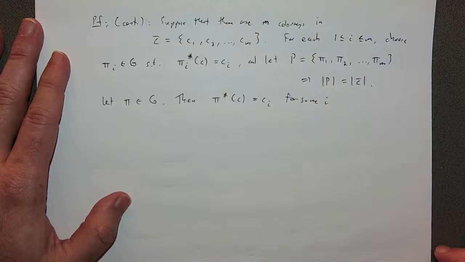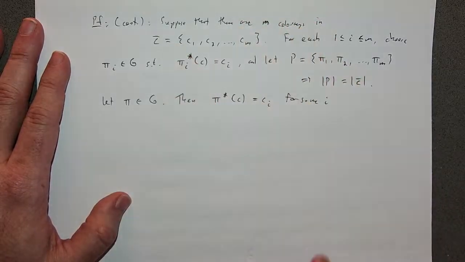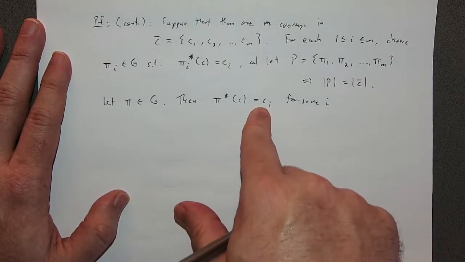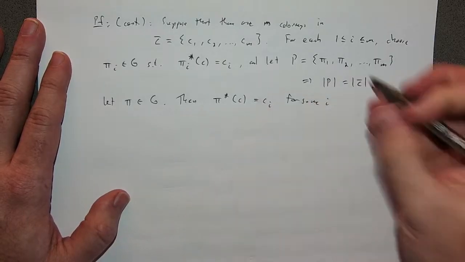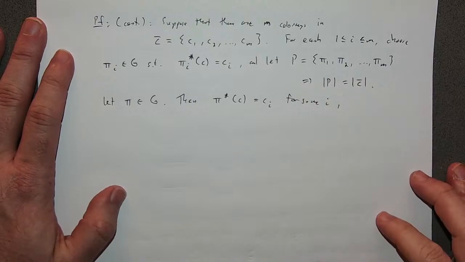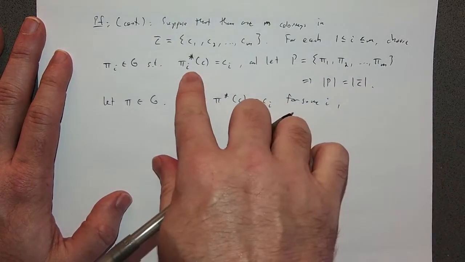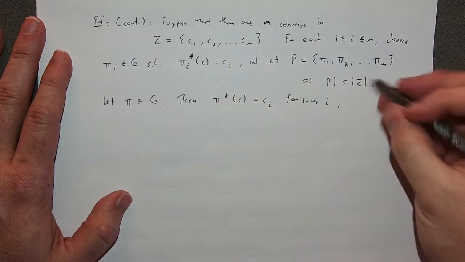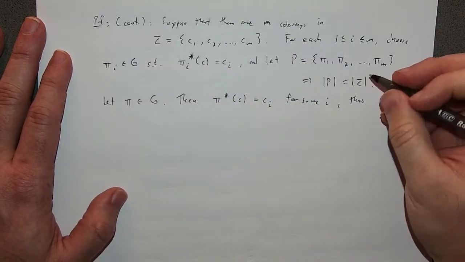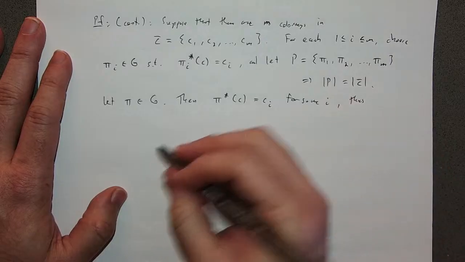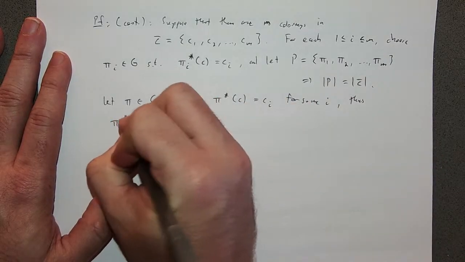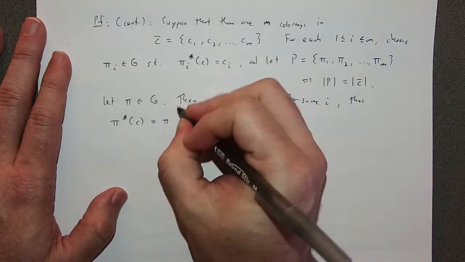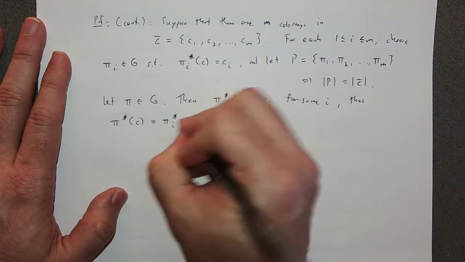So apply it to your coloring C, and it's got to be one of them. There are no other choices. But since the pi sub i's that we've chosen satisfy pi sub i star of C equal to C sub i, thus pi star of C is equal to C sub i, which is equal to pi sub i star of C.